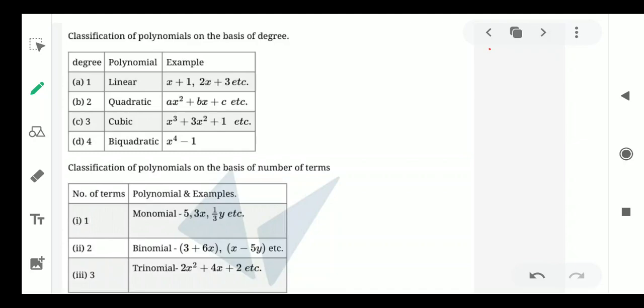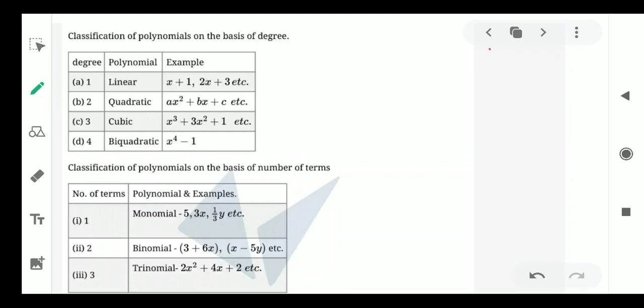Here we have to consider only the degree, not the number of terms. For biquadratic, we may think there should be 4 or 5 terms, but no need. You have to see only the degree. If the degree is 4, it is a biquadratic polynomial. Here we already discussed monomial, binomial, trinomial.